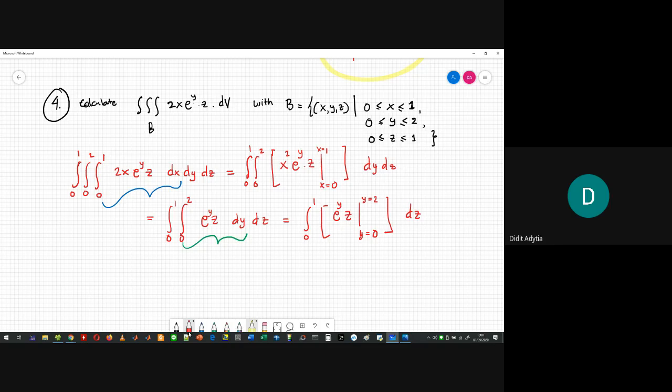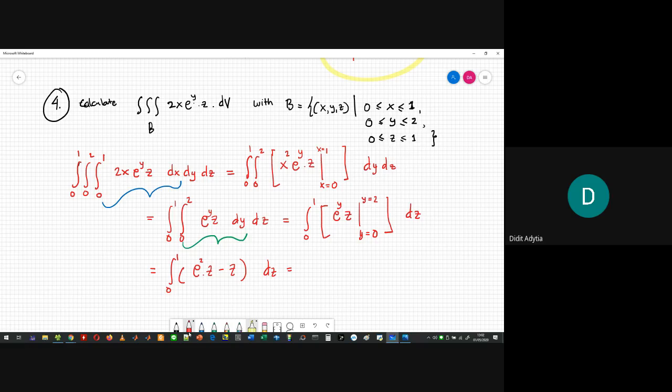And then this is dz. Okay, so I will just directly substitute: the integral from 0 to 1 of e to the power of 2 times z minus e to the power of 0, which is 1, and then times z, dz. So what is the z?